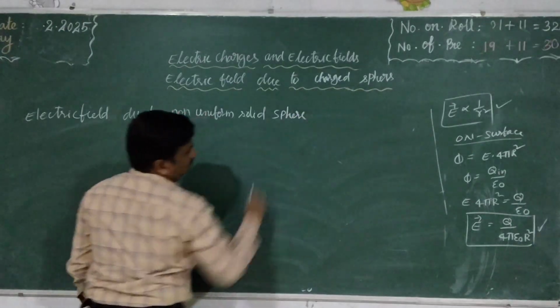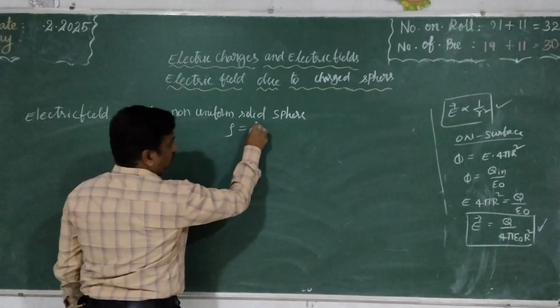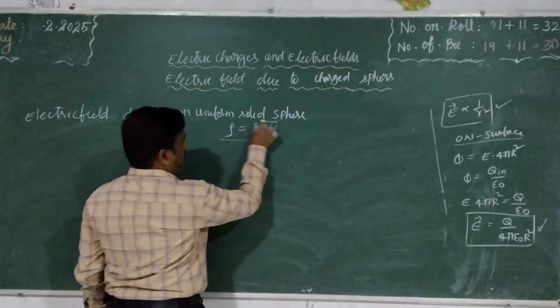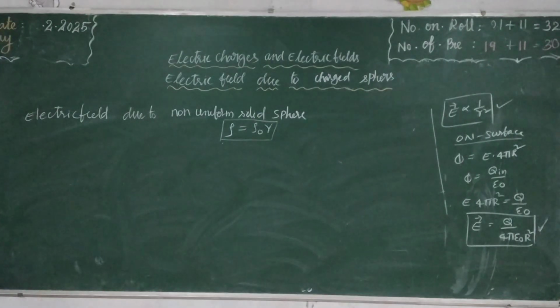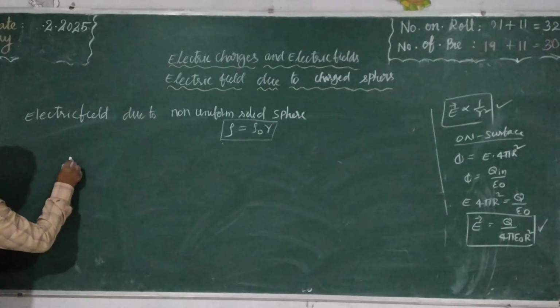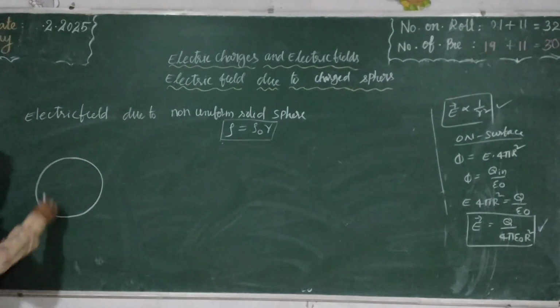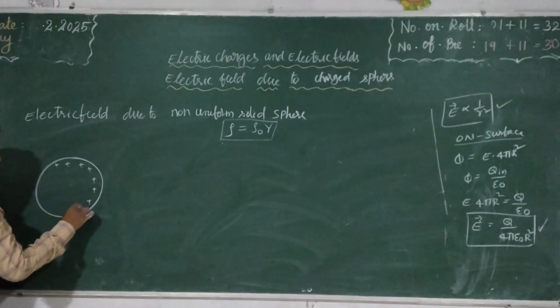Non-uniform solid sphere. Here the charge is distributed as rho naught times small r. So as r increases, the rho value changes, which means it is not uniform. As the radius increases, the charge density changes, so the charge is non-uniformly distributed.